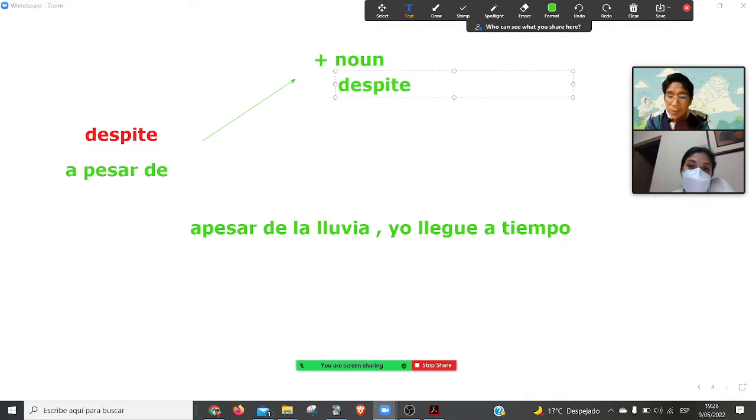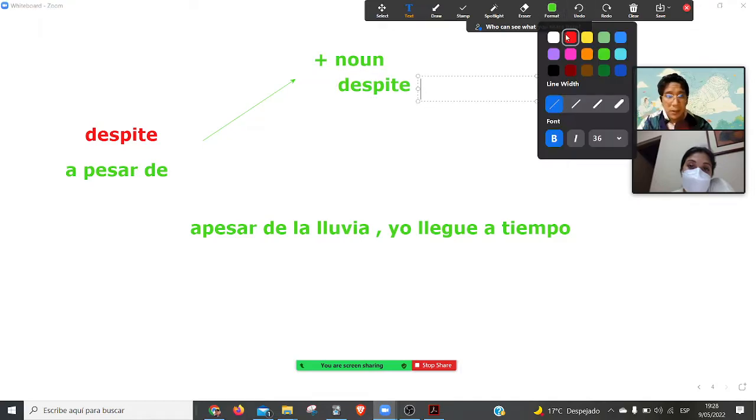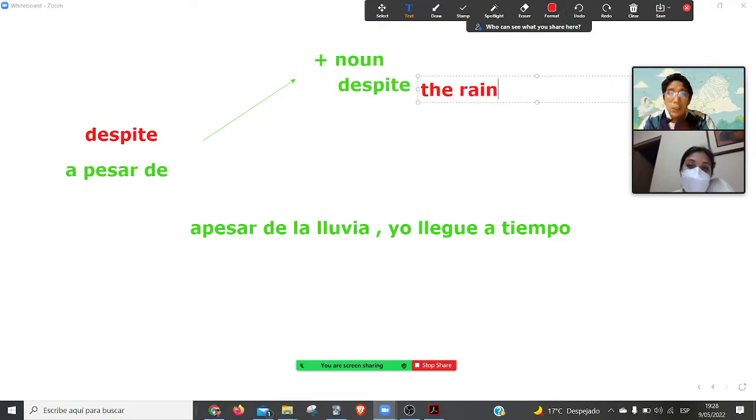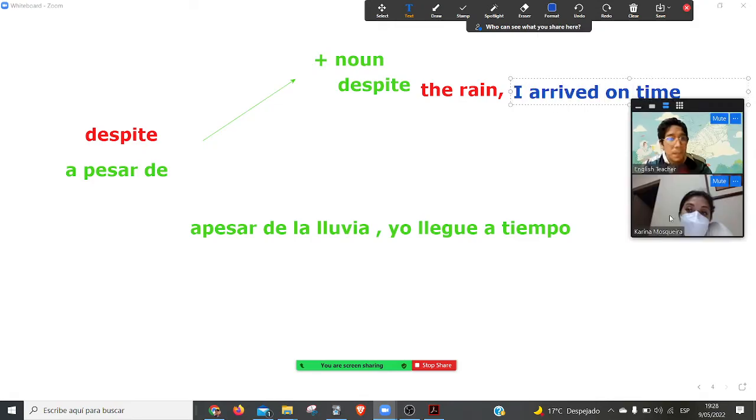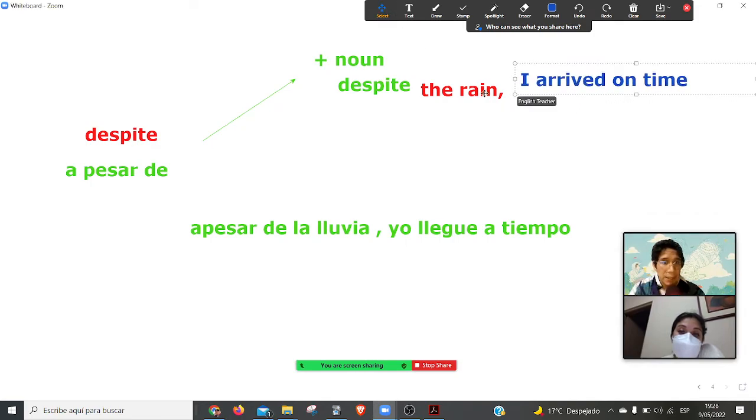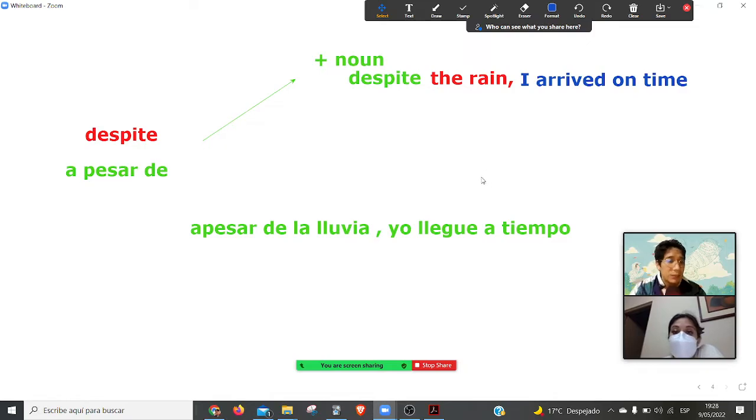Despite, ¿qué más? The rain, coma, despite the rain, I arrived on time. Did you understand? Entonces, a pesar de la lluvia, coma, despite the rain, I arrived on time. Did you understand that part, right?